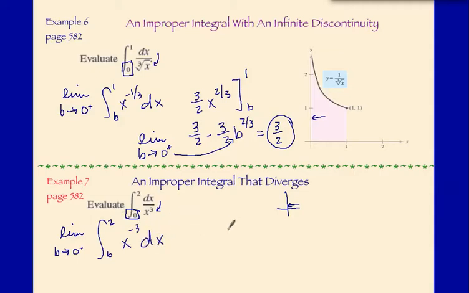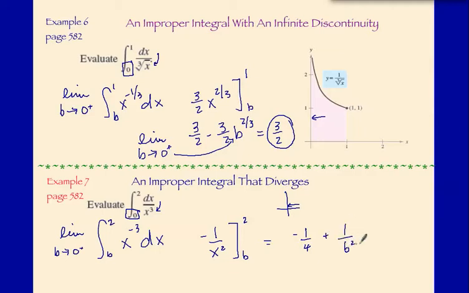When we take that integral, we end up with negative x to the negative 2, which is negative 1 over x squared, from b to 2. I'm just holding off on the limit for a moment. This becomes negative 1 over 4 when you take 2 squared, and then minus a negative, which becomes plus 1 over b squared.